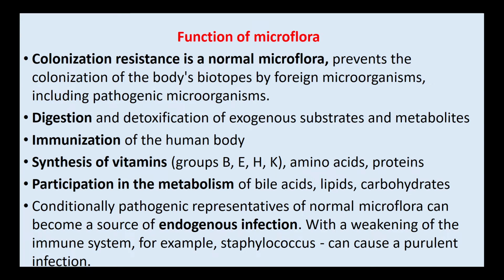In other words, if normal flora is present in this biotope, it is very difficult for pathogenic microbes to adsorb and start to multiply in this place. But if the site is clear, meaning free, then pathogens can adsorb more easily and start to invade or cause diseases. That is the first function, colonization resistance.